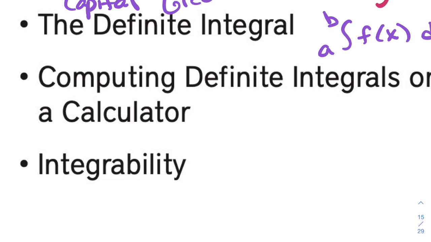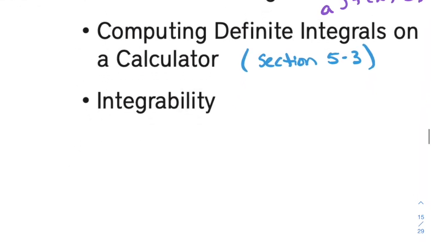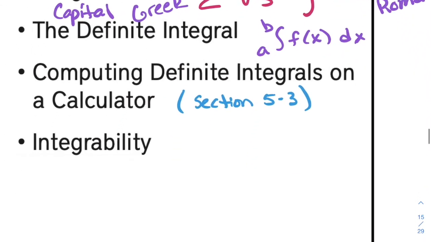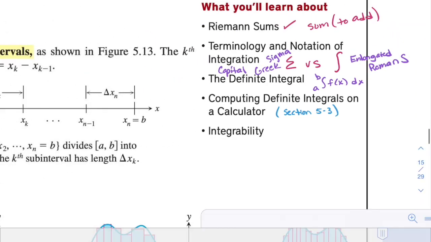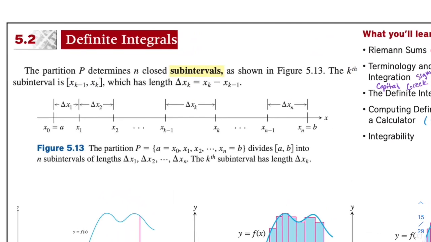I'll show you this in section 5.3. Let me change the color. Okay, and integrability, which is integration. Okay, so let's take a look at our first set of notes.